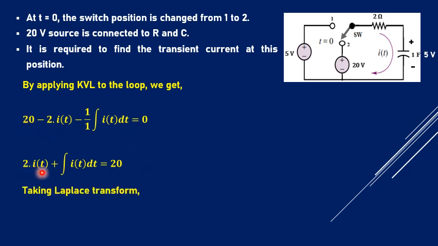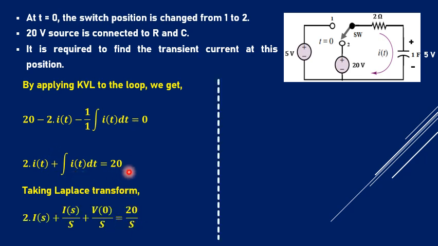So we know that Laplace transform of this will be 2 into I of s, and Laplace transform of this will be I of s by cs plus v of 0 by s, and this is 20 by s. Now here V of 0, what is this V of 0?